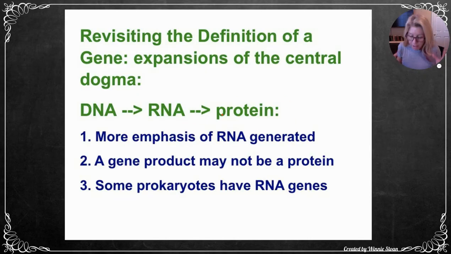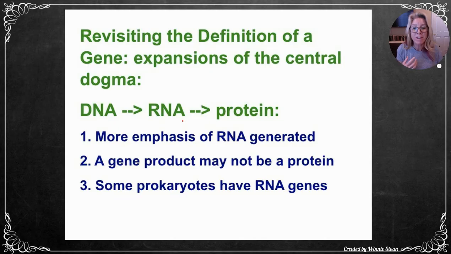And when we revisit our central dogma, which is on your notes, you have expansion of the central dogma. Maybe we need to put more emphasis on the RNA that's generated. Maybe the product, right, is not the protein, maybe RNA and its regulatory function. Maybe that is the product. So more emphasis on the RNA generated, and a gene product may not be the protein.